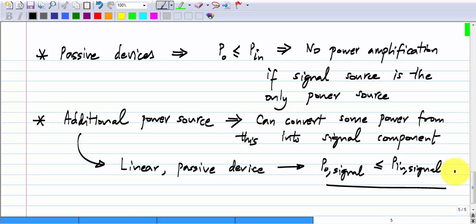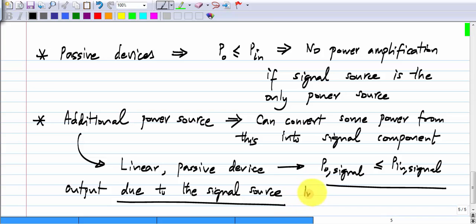So, whether the additional source is there or not, the output because of the signal source will be exactly the same. This will be independent of the additional source. So, you cannot use a linear device for amplification.